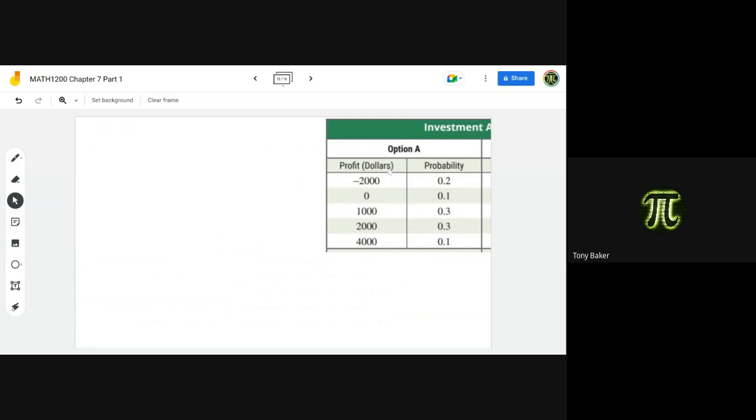So it's negative 2,000 times 0.2. Actually, I think it's negative 400. I think you're off by a decimal.